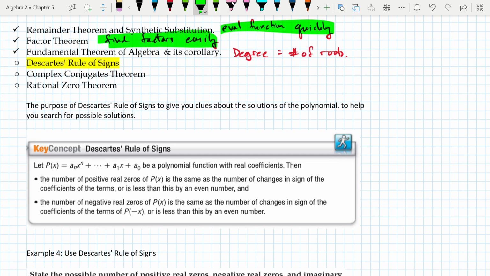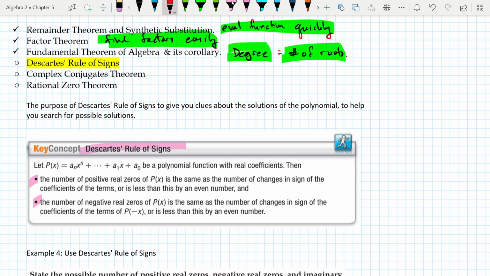When you're looking at the problem and getting started, the fundamental theorem of algebra and its corollary says, do you see the degree? That's how many solutions there are. Descartes' rule of signs is kind of neat because it says, take any polynomial. I have a couple of rules here, and I'll explain them when we do the example.